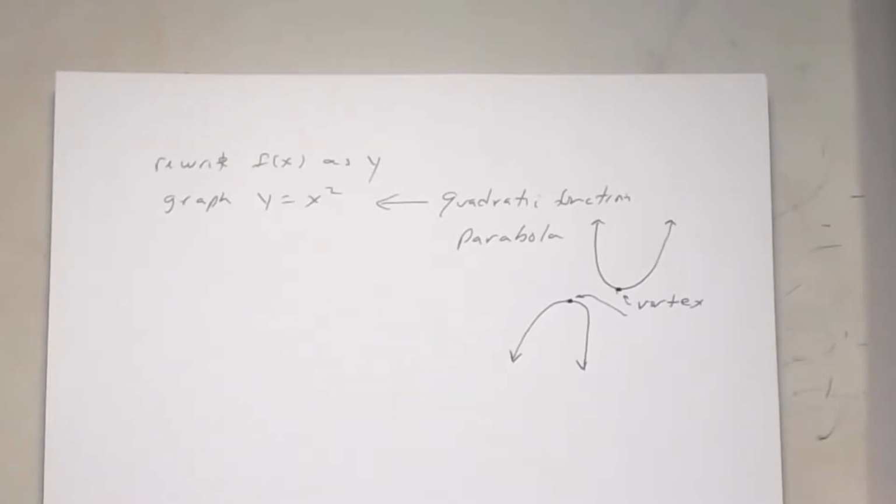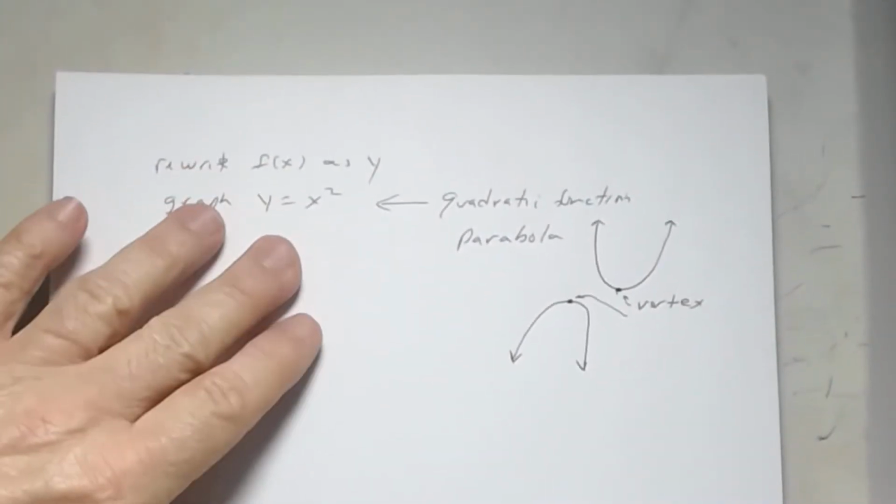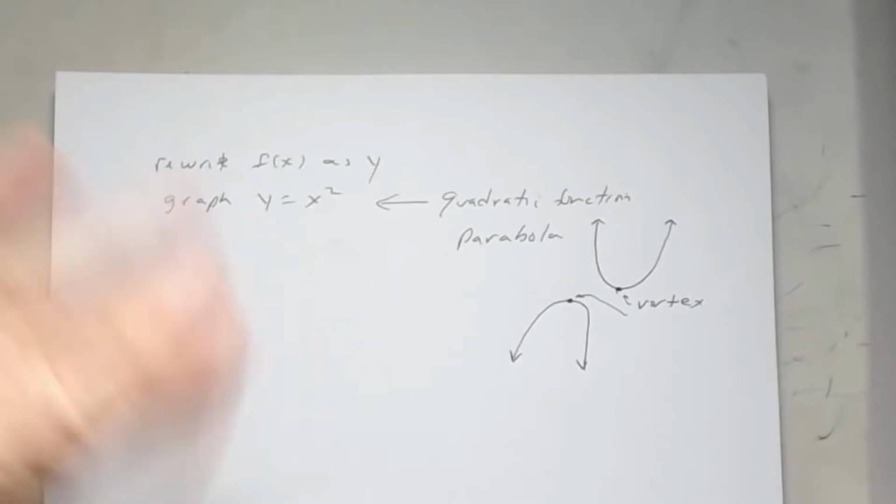And when you graph these quadratic functions, you want to determine what that vertex is to help you. And when you do this next semester, you're going to use transformations. So if you know how to graph the parent function, this is called the parent function, x squared, then you can graph all the others next semester using transformations. Now you're not going to learn transformations in here. We're just going to use the t-table in here.